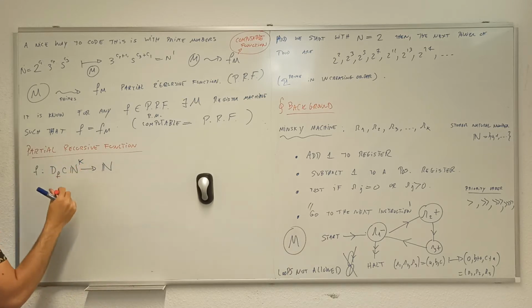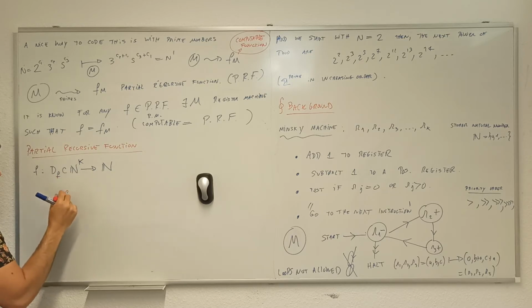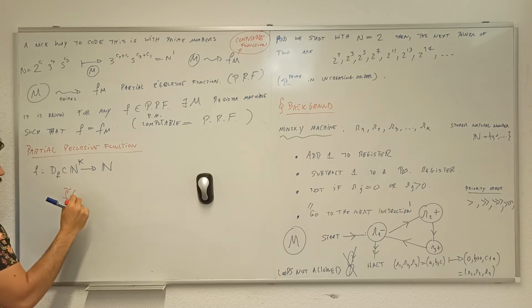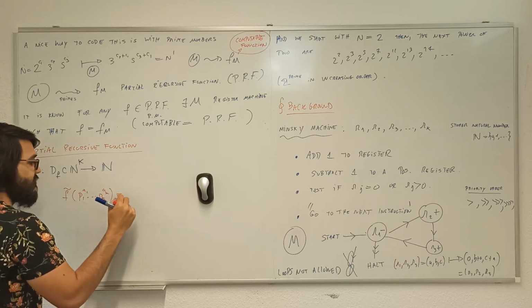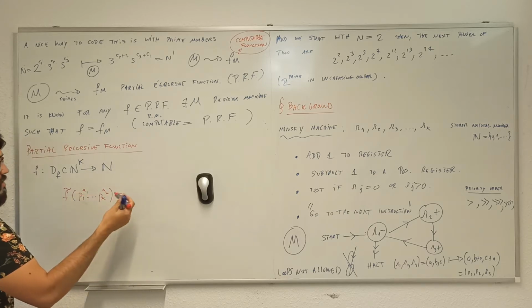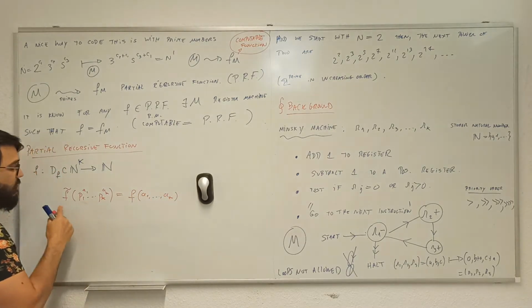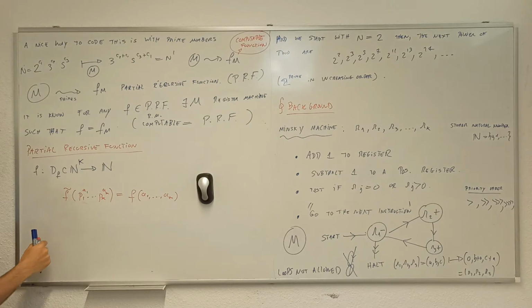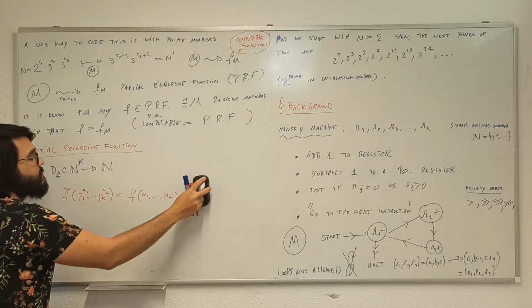If you have a function defined on k copies and you want it defined on the natural numbers, you take p1 to the a1 up to pk to the ak, and map that to f of a1, ..., ak. So now f2 will be a function from the natural numbers to the natural numbers, and this will be a proper partial recursive function.